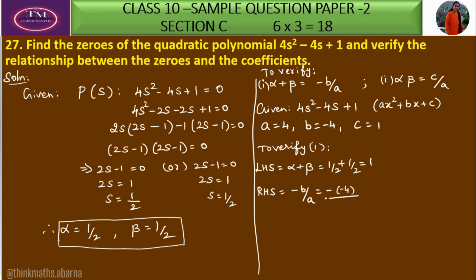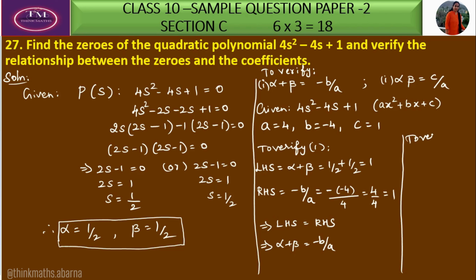What is a? A is positive 4. So minus into minus is plus. So 4 by 4 equal to 1. So we got LHS equal to RHS. This means alpha plus beta is equal to minus b by a. In the same way, we have to verify the second one. This is the second one.